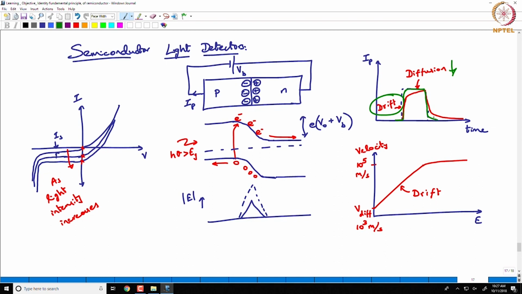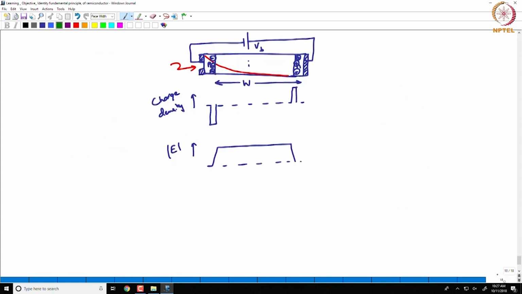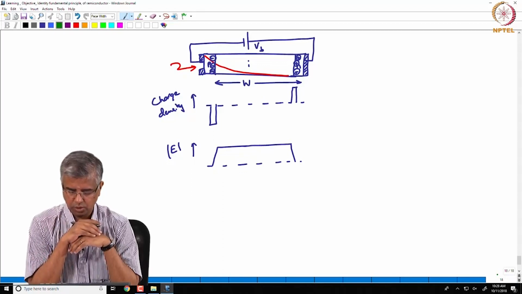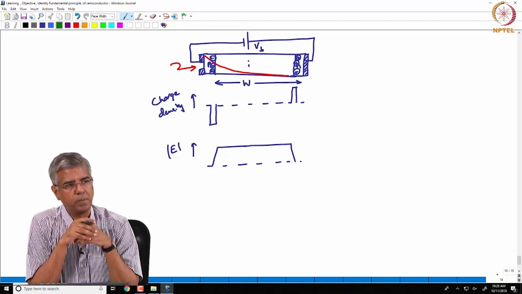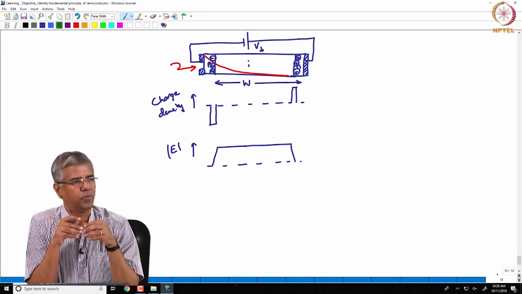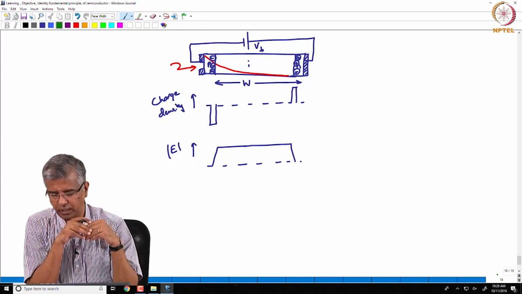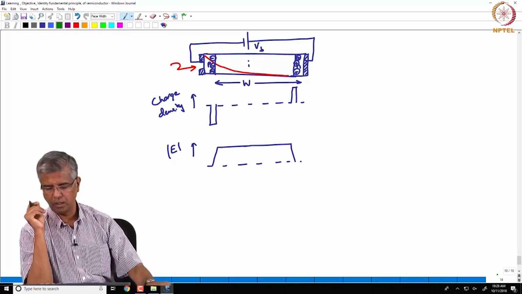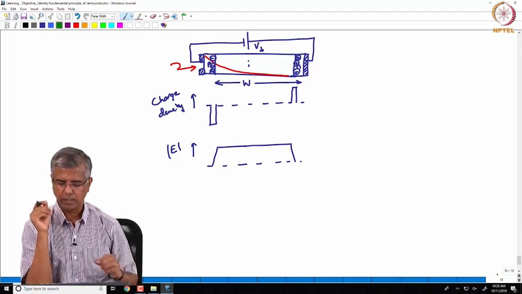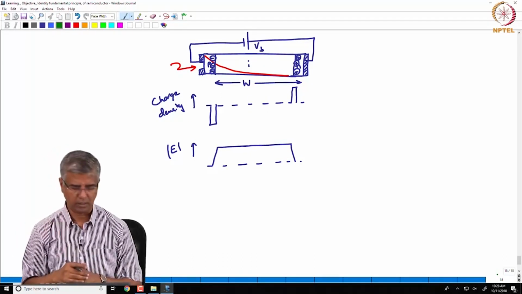So, this will be the response of a PIN structure, right. That is what we are talking about, and then of course, what we are also saying is that by changing the width of I, you can actually show how the power is getting absorbed across that structure.